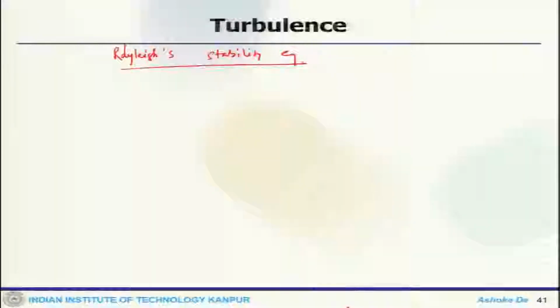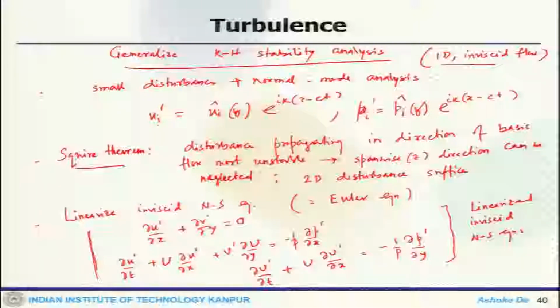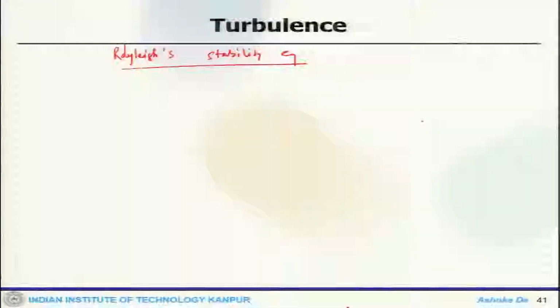So, from those equations, when we put u_i prime equals u_i hat and this normal mode analysis and p_i prime, what do we get?